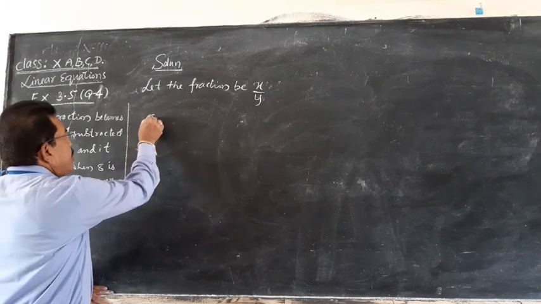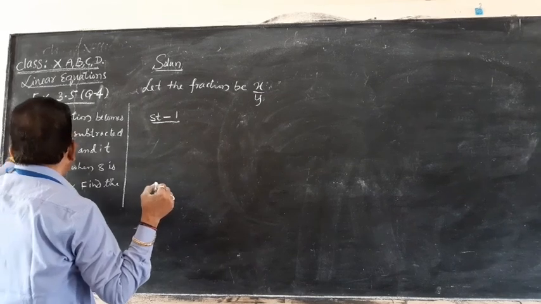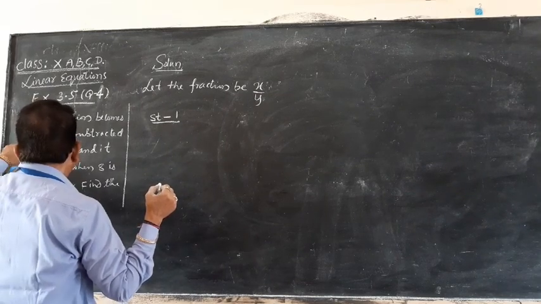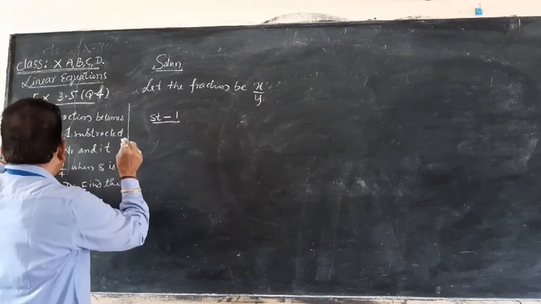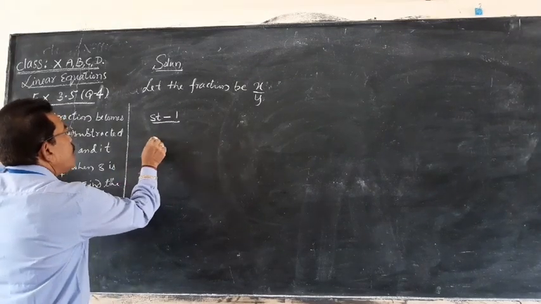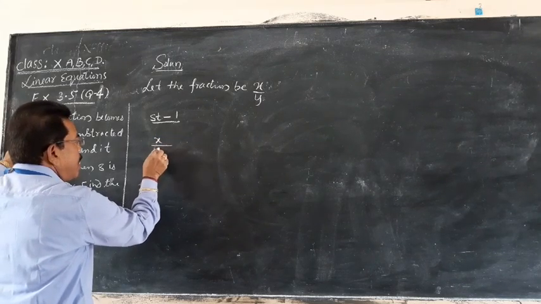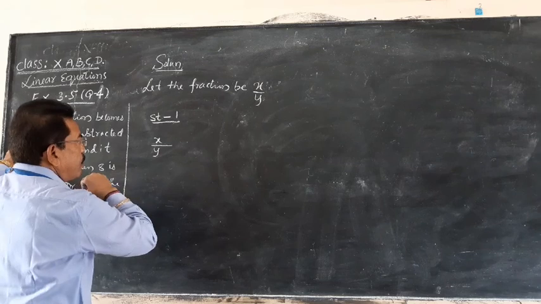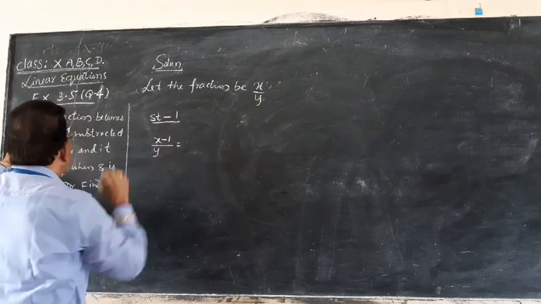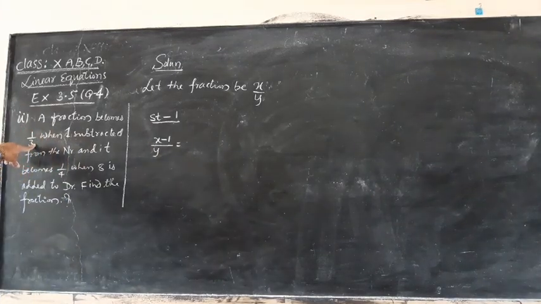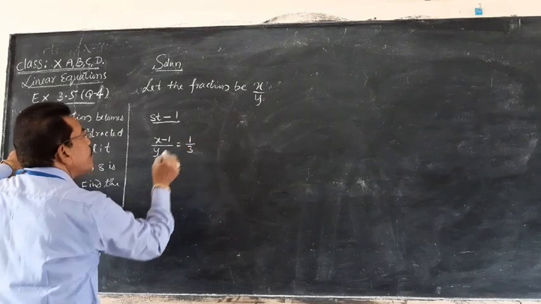The statement 1. First statement: a fraction becomes 1 by 3 when 1 is subtracted from the numerator. This one, x by y is the fraction. 1 is subtracted from the numerator and that is equals to 1 by 3.